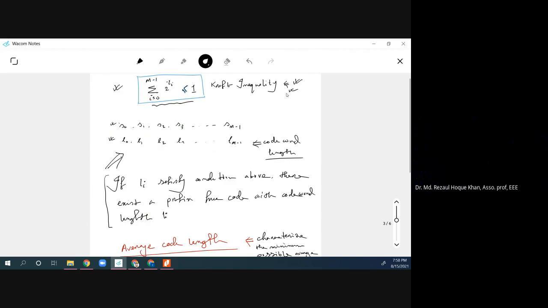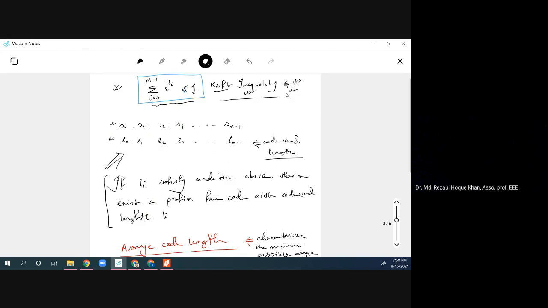This inequality is called the Kraft inequality. In plain words, if you apply the Kraft inequality, you end up with code words that will be prefix free. So this is the condition.